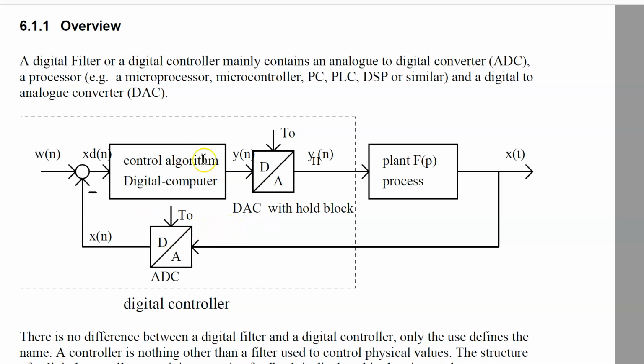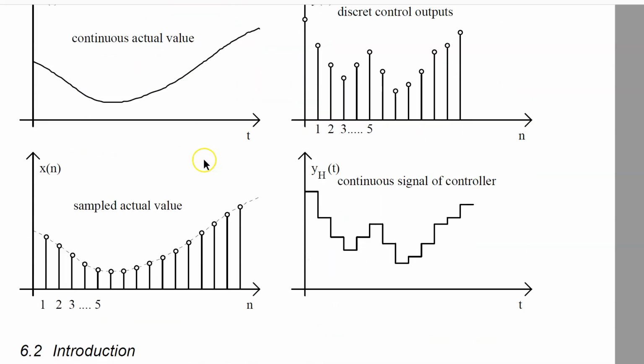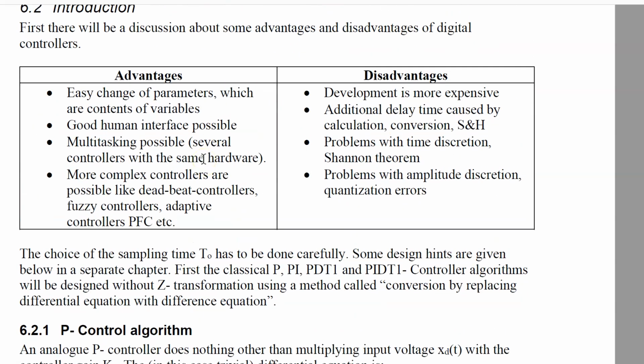But today the price is nearly the same if you do this analog or digital, but the development is more expensive. Note that in security and safe systems, a microprocessor has some problems, and then you have to find ways to make your hardware safe. Then this could be much more expensive than an analog realization.